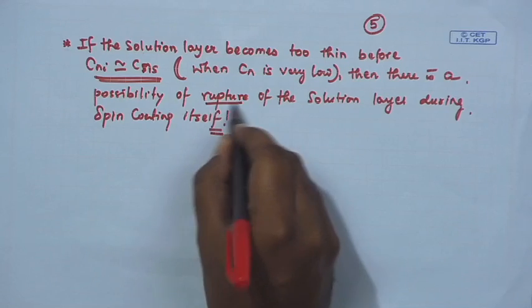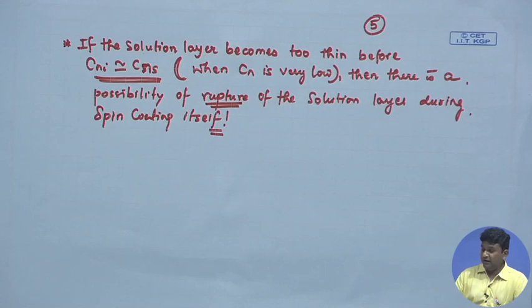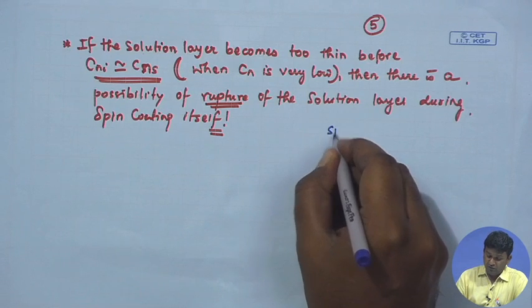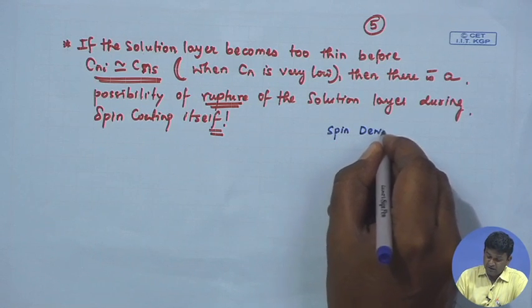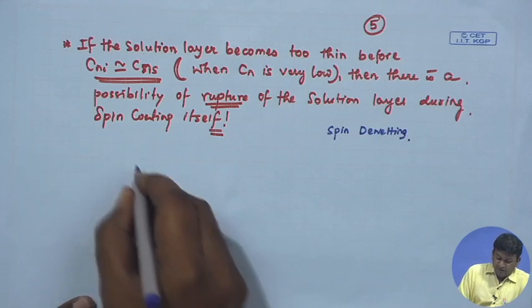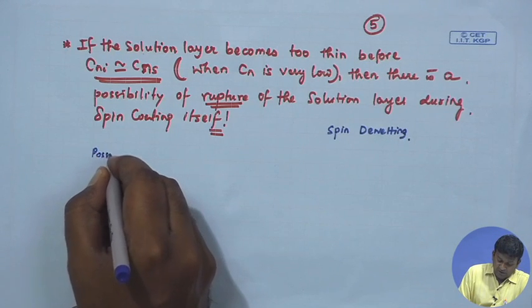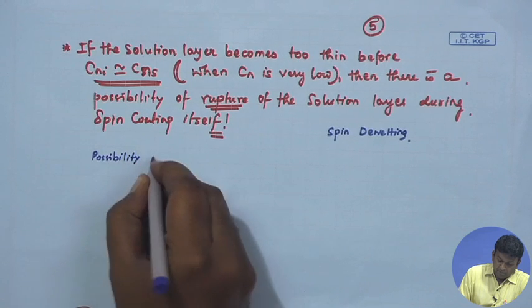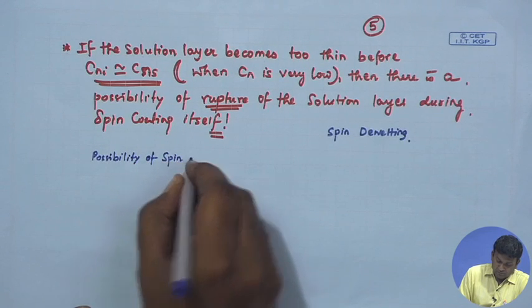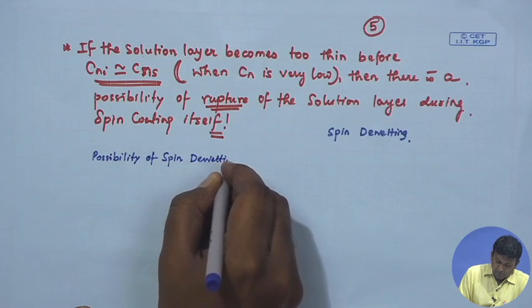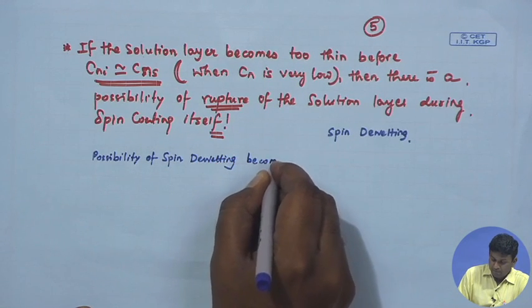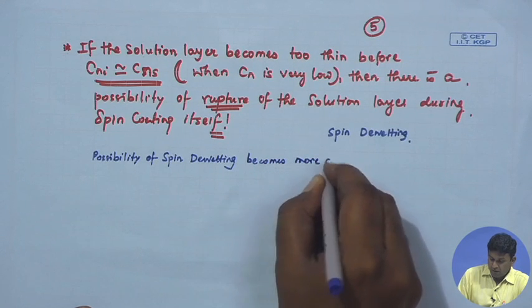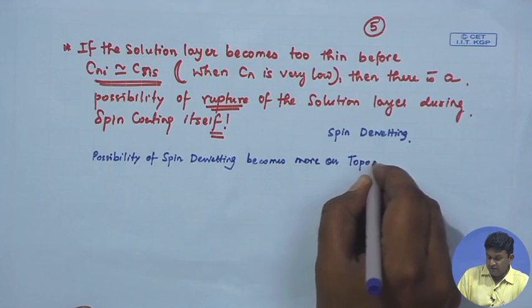Under this condition, the solution layer may rupture during spin coating itself, leading to dewetting, and this phenomenon is known as spin dewetting. The possibility of spin dewetting becomes more on a topographically patterned substrate.